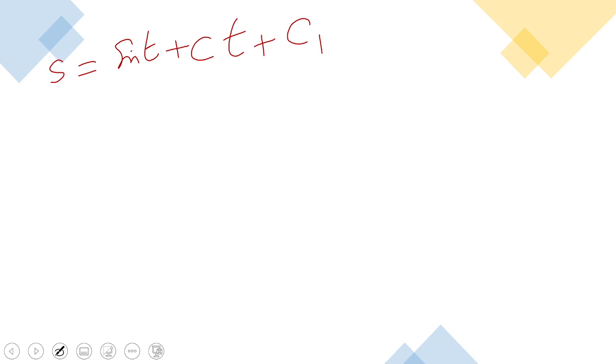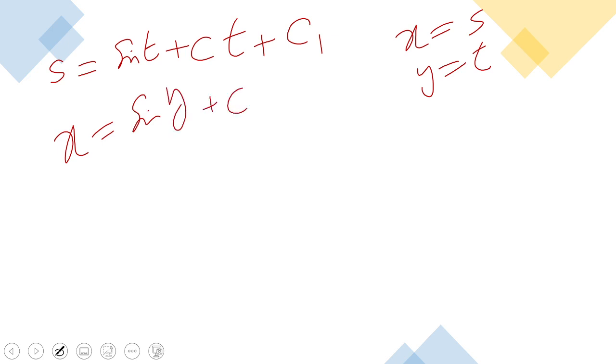But what is the transformation? The transformation is x is equal to s and y is equal to t. So replace s by x and t by y. So my solution is in fact x is equal to sine y plus cy plus c1.